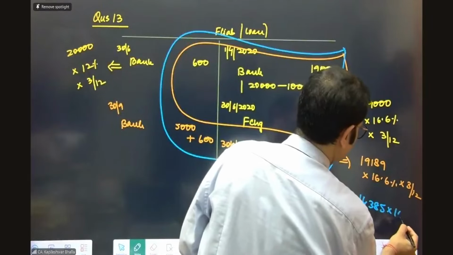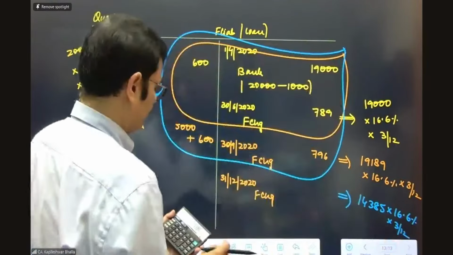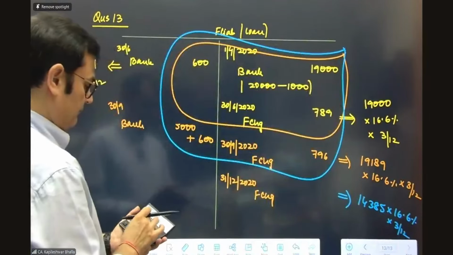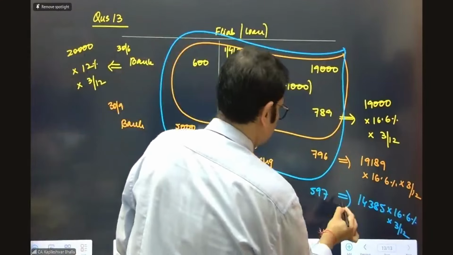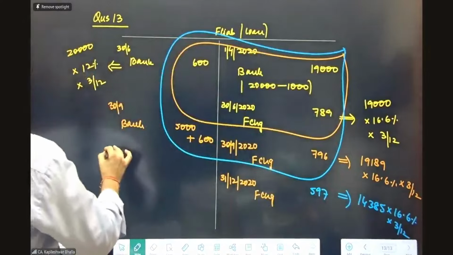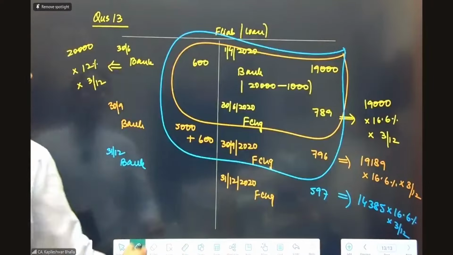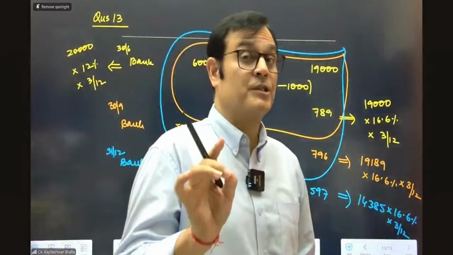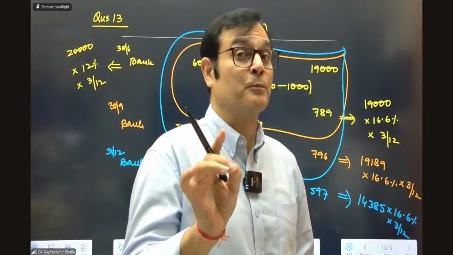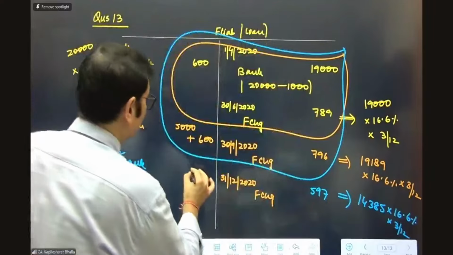We again take interest at 16.6% for a quarter, that is 3 months. That comes to approximately 597. And again, we make a payment on 31st December. The interest is paid quarterly. But now you need to remember the interest is not going to be 600 because 1/4 repayment of the principal is done. So reduce 600 by 1/4, it comes to 450.